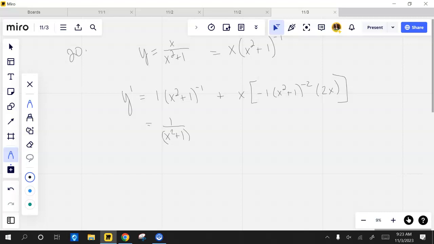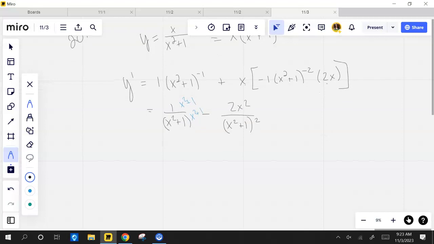Okay, let's keep going. I got a negative in here, so I'm going to make this minus 2x times x, which is 2x squared, over x squared plus 1 squared. I gave this an x squared plus 1 and just cleaned up my first derivative a little bit: x squared plus 1 minus 2x squared over x squared plus 1 squared.